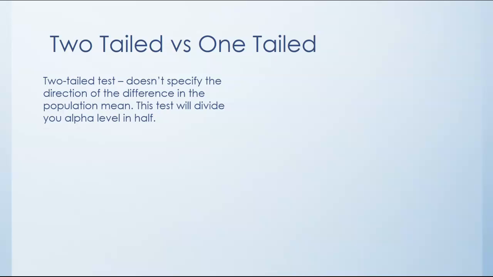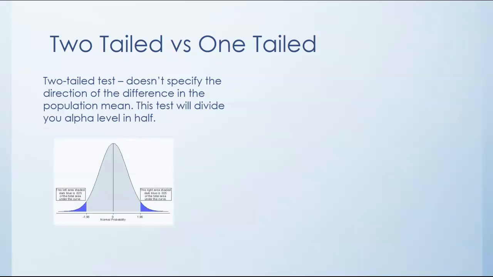One of the most typical alpha levels you'll see in research is 0.05, or basically 5%. You're saying the likelihood that you pull this sample and it is different from your population is 5% or less. That's what my alpha level is telling me.